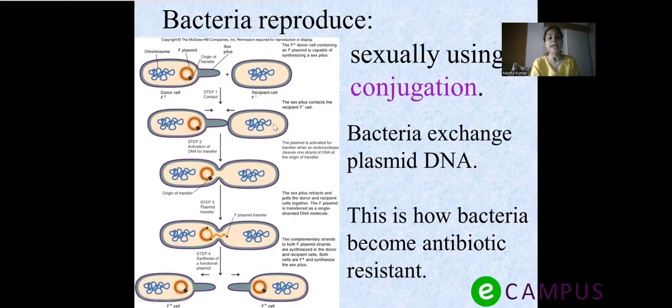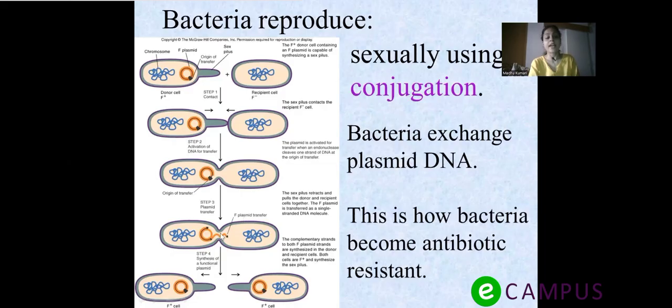The plasmid is activated for transfer when an endonuclease cleaves one strand of DNA at the origin of transfer, so that this plasmid can go inside the F minus cell. The sex pilus retracts and pulls the donor and recipient cells together. The F plasmid is transferred as a single-stranded DNA molecule.